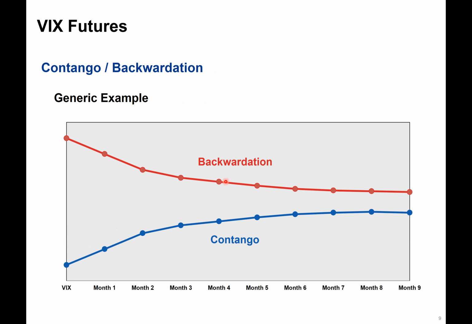We were in backwardation for a good number of days in 2020. Same thing in 2008, 2009. But more often than not, probably about 80% of the time, VIX is in contango, with the futures contracts trading at a little bit of a premium based on the possibility that we get a big move up in VIX at some point.